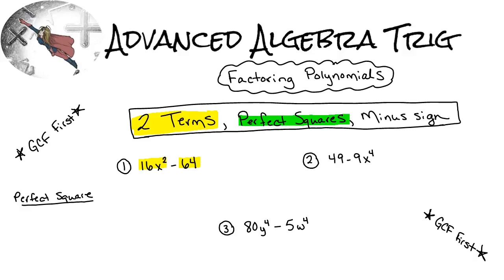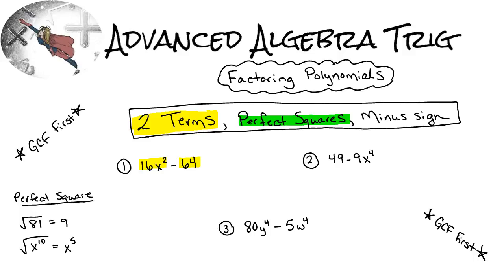Like, let's say I had 81. The square root of 81 equals 9. So 81 is a perfect square. Let's say I write down x to the 10th power. If I try to take the square root of x to the 10th, I would get x to the 5th. So x to the 10th is a perfect square.